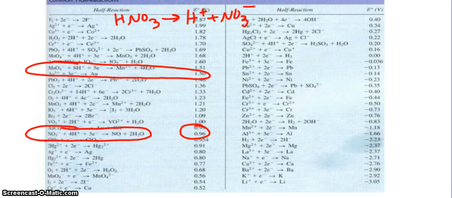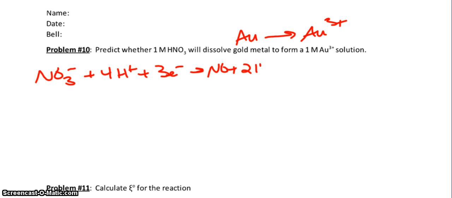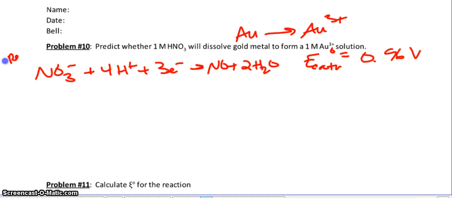So having this, let's go back to the problem now. All right, so let's do this. Let's copy down that equation we had. And so that's my reduction because that's what they want us to do.